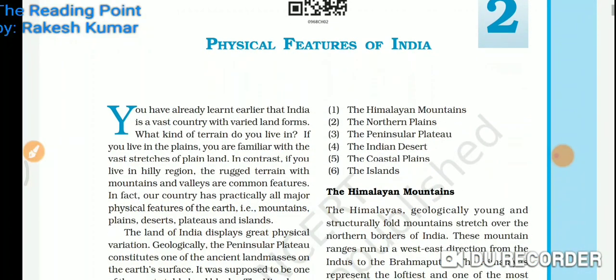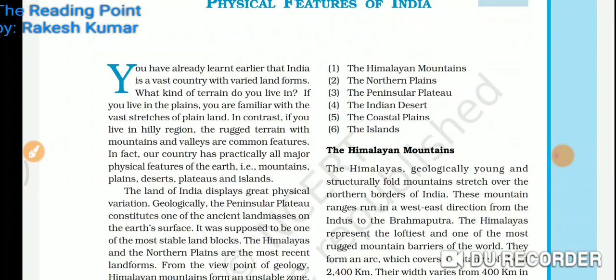We also know that our nation is a vast nation and it has a great variety of physical features, like high mountains, extensive flat plateaus and fertile river valleys. India can be broadly divided into six physical divisions.